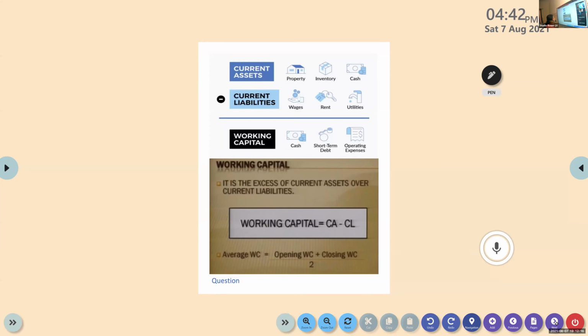So working capital will include cash, short-term debts, and operating expenses. It is the excess of current asset over current liability.